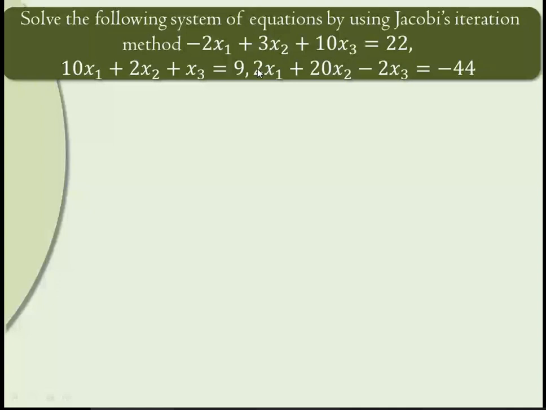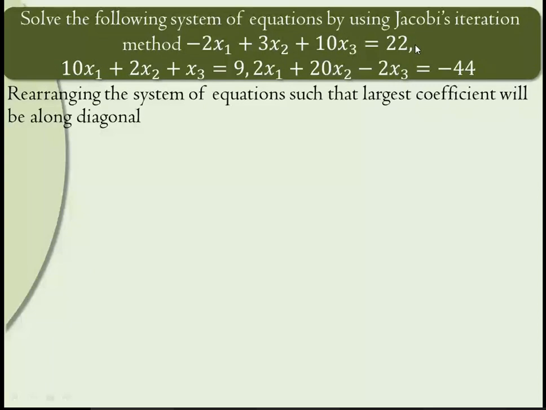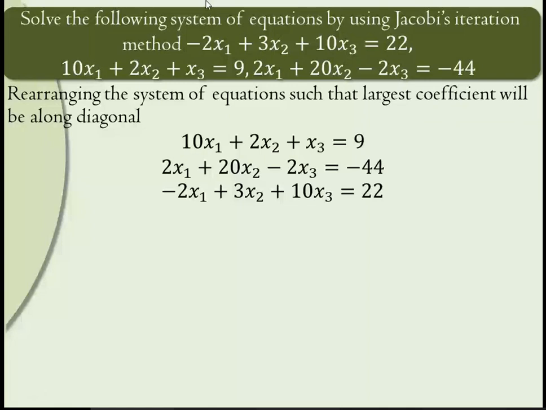So take this as the first equation. Among the remaining two, this has coefficient 20 for x2 and this is 3. So take this as the second equation and take the remaining equation as the third equation. So don't forget to rearrange the terms so that the coefficient of x1 will be largest in the first, the coefficient of x2 is largest in the second equation, and the coefficient of x3 is largest in the third equation.